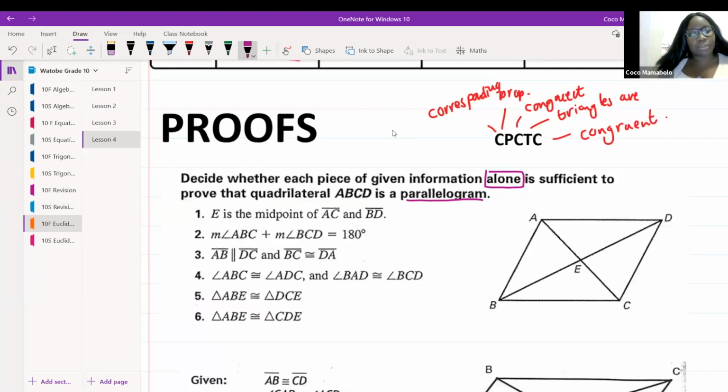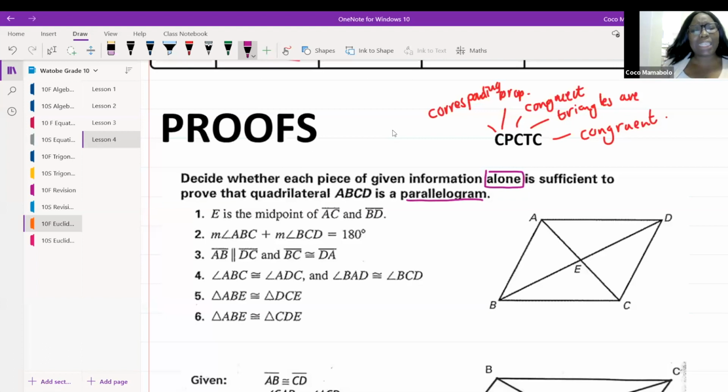And that's what is going to make a parallelogram a parallelogram. So if we look at this particular question over here, it's saying which one of these by itself is going to tell us that this shape that we've got is a parallelogram. Let's look at question 1 or statement 1.